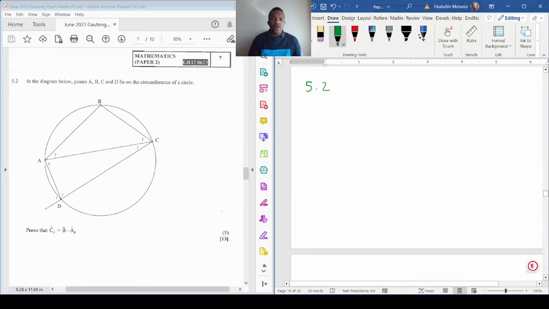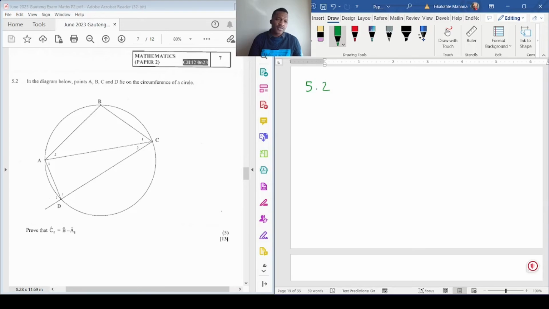Okay, so using the diagram, we can see that we have a cyclic quad. So what do we know about a cyclic quad? We know that opposite angles are supplementary, but also the external angle is equal to the internal opposite.